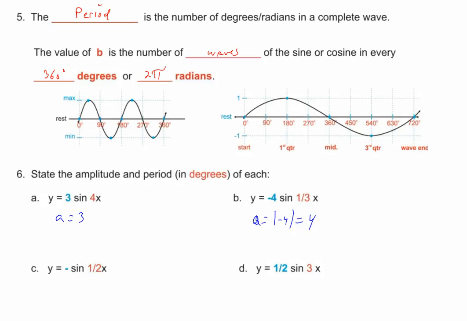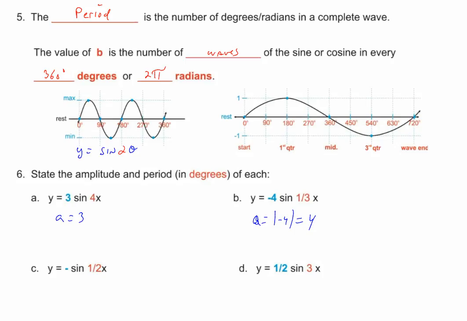So if you look at this first example, how many sine waves are there in 360 degrees? There are 2. If you were to write this, it would be y equals sine 2 theta, because there are two waves in every 360 degrees. But what would the actual period be?